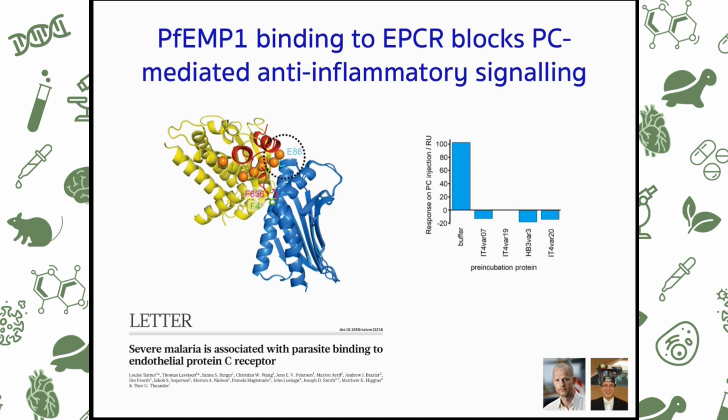So in other words, if the malaria parasite uses EPCR to stick down to the endothelium, to tissue surfaces within your body, it's going to stop that ligand from binding to its receptor. And that's what that graph on the right demonstrates, that protein C, the red protein binding, is blocked. And what that's going to do is stop the anti-inflammatory pathways, which is going to lead to inflammation where those malaria parasites stick down.